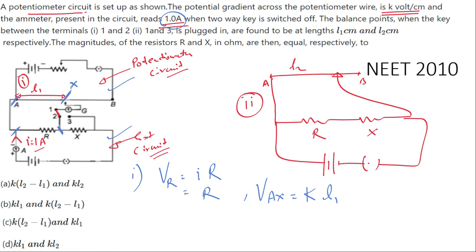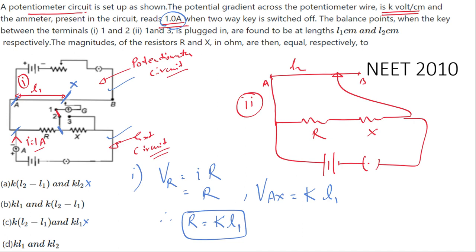Now these two should be equal, so therefore we conclude that the value of R is KL1. This is our first answer. So two options have already been eliminated. We have got only two options left, B and D.